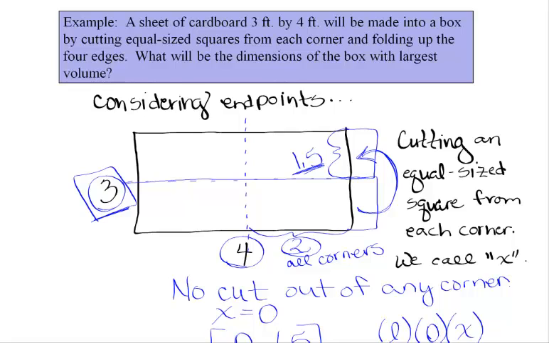The last problem that we did as well, the first example on max-min, it was the same kind of thing. Is that to say we will never have to consider endpoints on a word problem? Not at all. That's not what I'm trying to say at all.